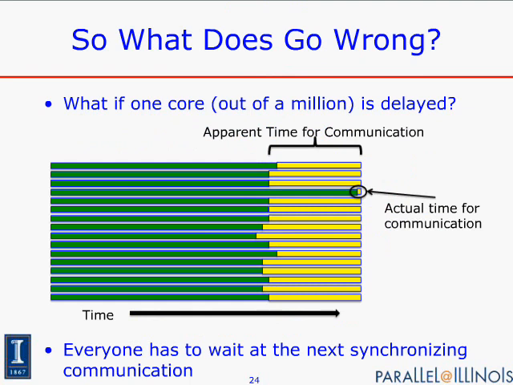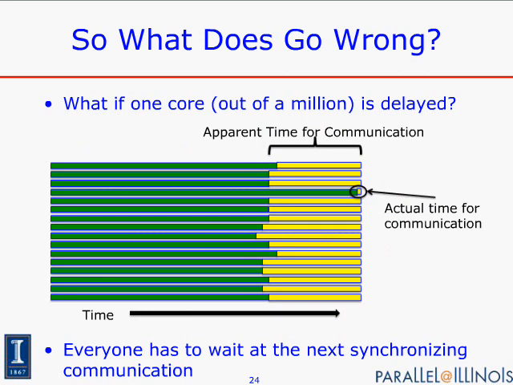And so what that means is that the apparent time for the communication step changes from, you'll see that actual time for communication on this figure, it changes from that really small value to this apparent time, because all the other cores end up waiting because of the synchronizing communication.